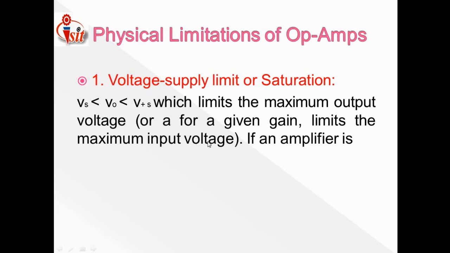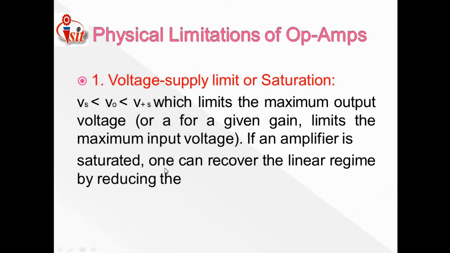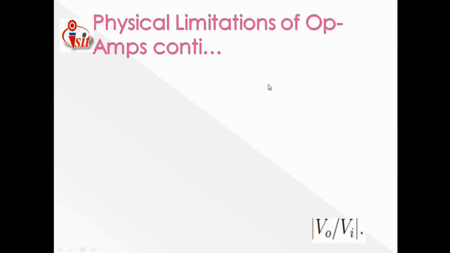If an amplifier is saturated, one can recover the linear region by reducing the input amplitude. That means the output voltage always should be less than the positive saturation voltage. It is indicated by that voltage supply limit or saturation.